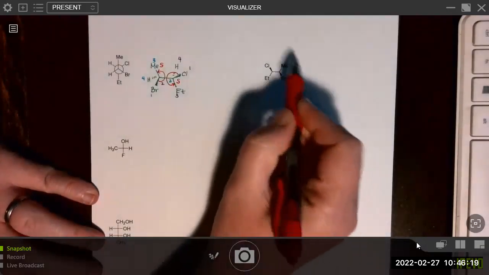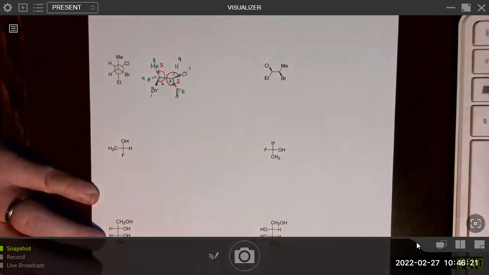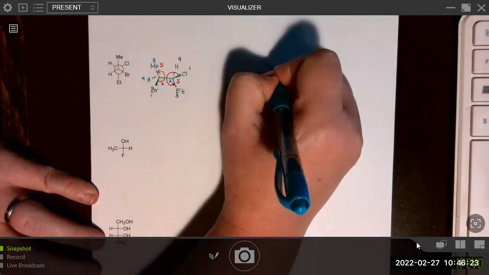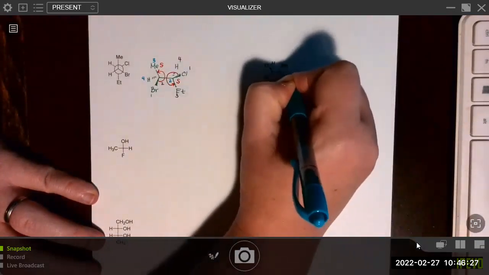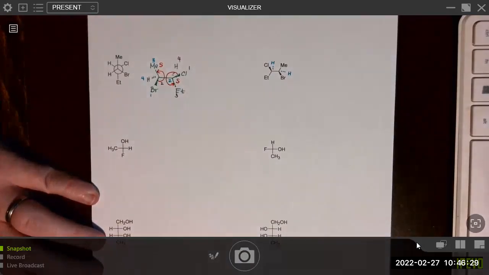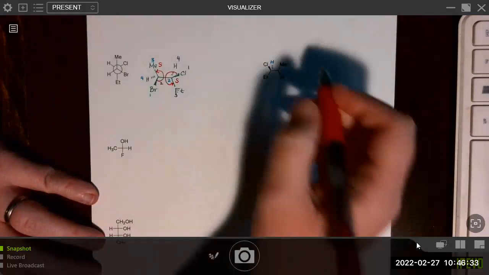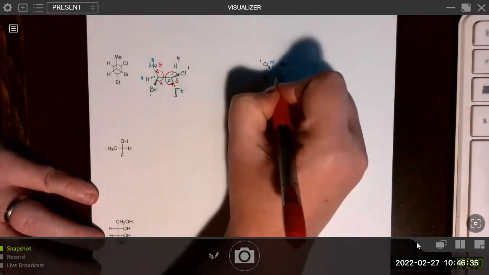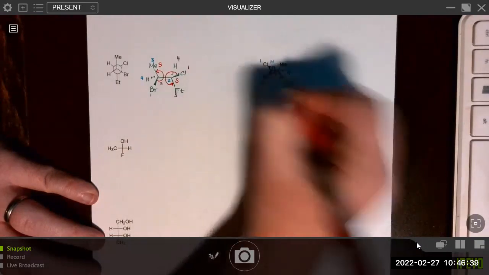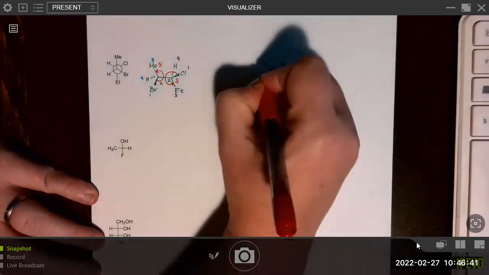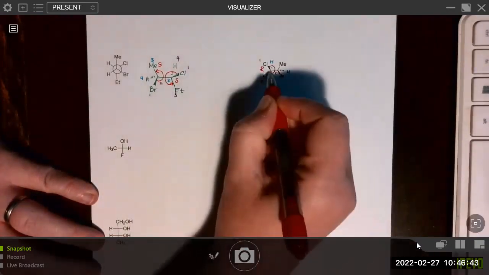Let's come over here and see what we get for this structure. If it helps you, you can draw in the hydrogen pointed back at each of these carbons. We want to do an analysis, of course, of the priority groups. So 1, 2, 3. Fourth priority is the hydrogen. So again, clockwise is R because the hydrogen is pointed back.